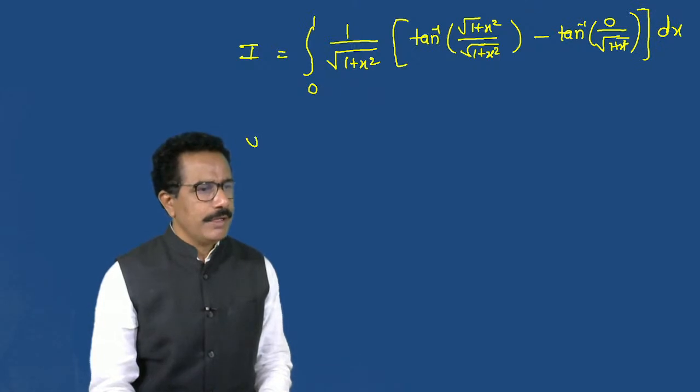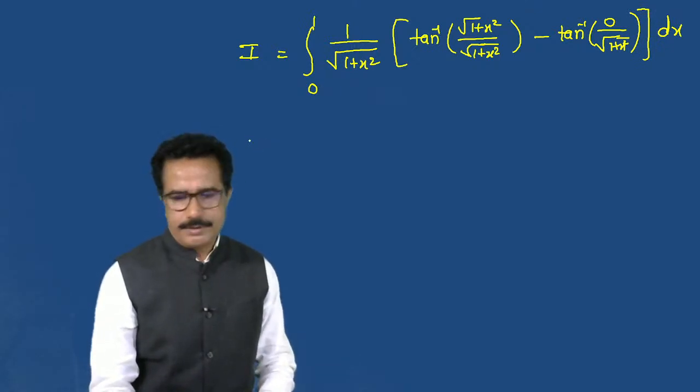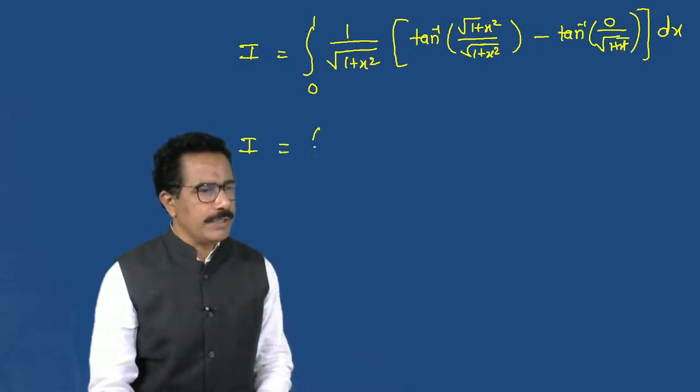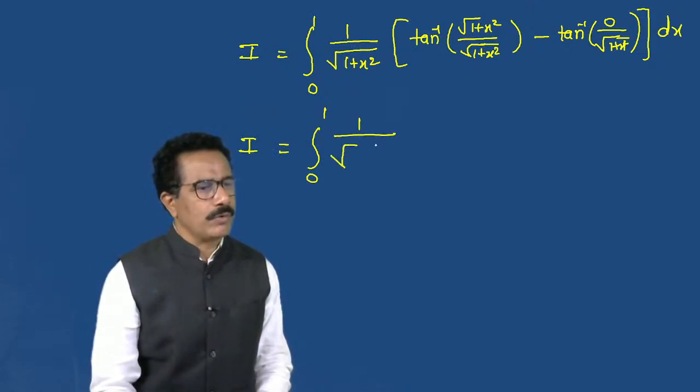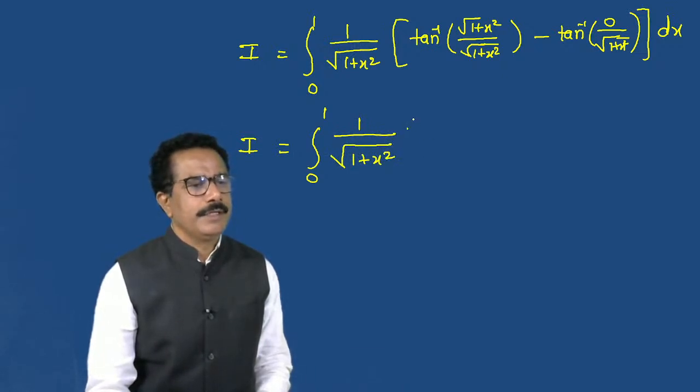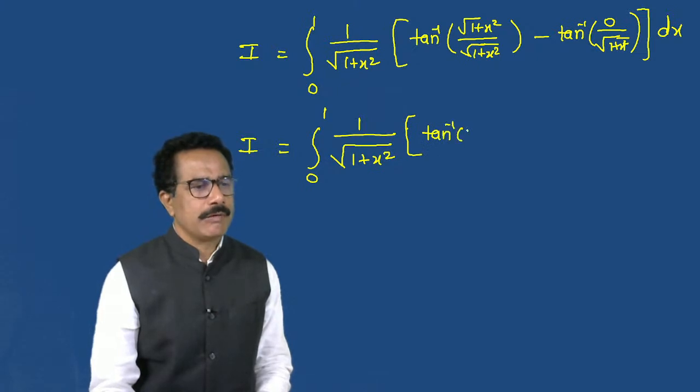So we can write I is equal to integral from 0 to 1, 1 upon root of 1 plus x square. See what remains here: tan inverse 1 minus tan inverse 0.